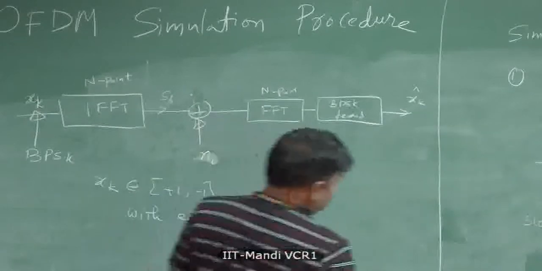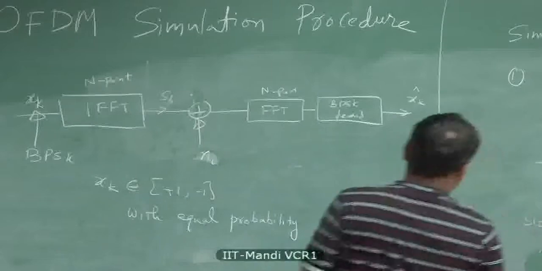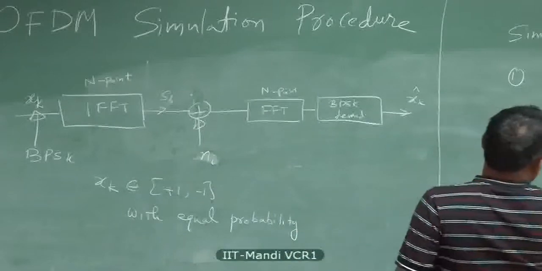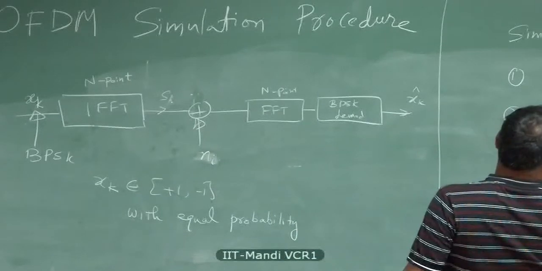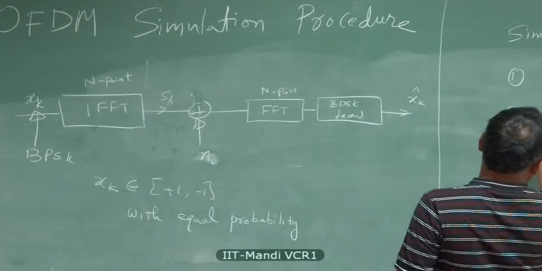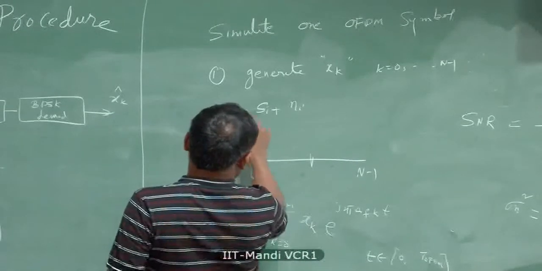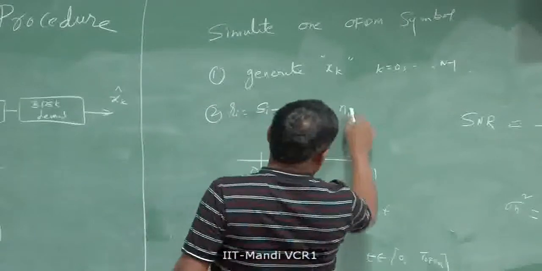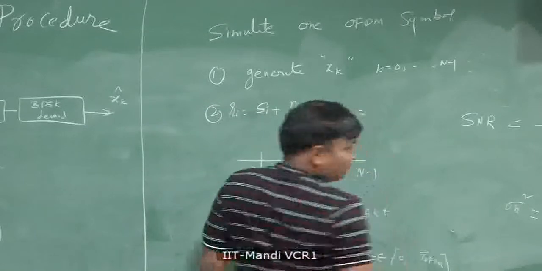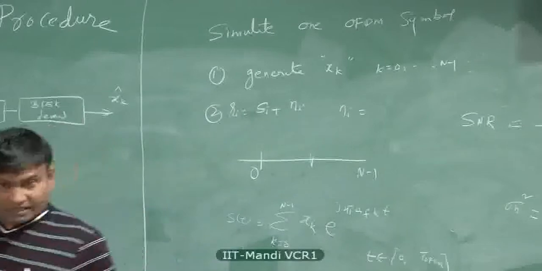Now you'll add s(i) plus n(i) as the second step, and we'll call this r(i). And n(i) is simulated as a complex additive white Gaussian noise.